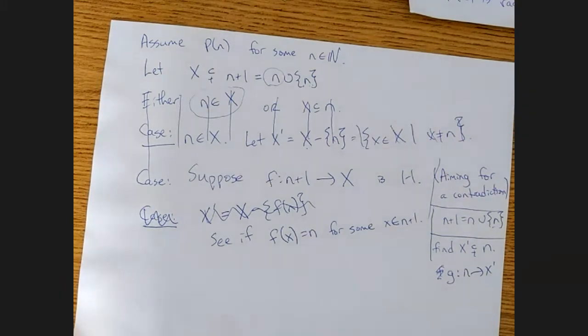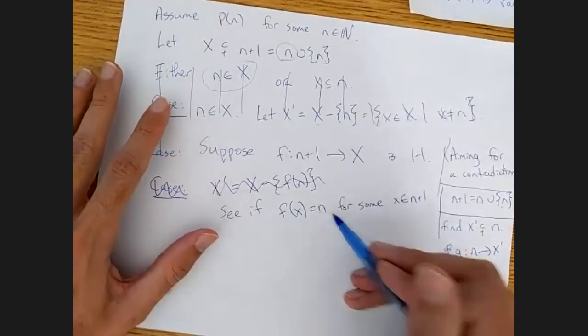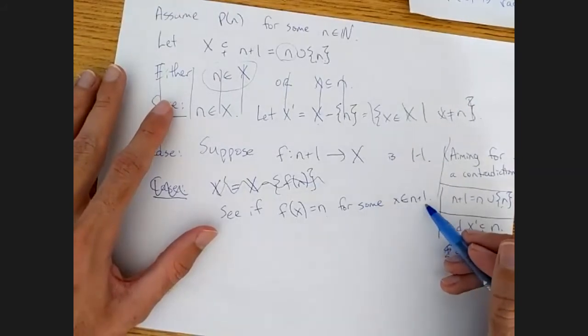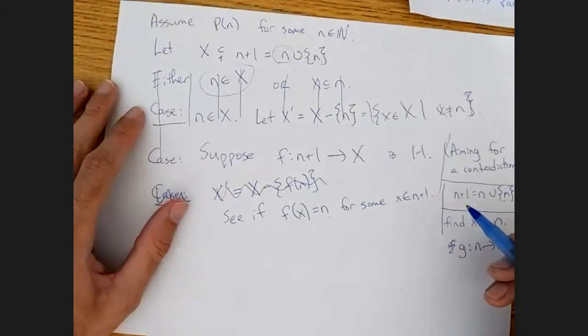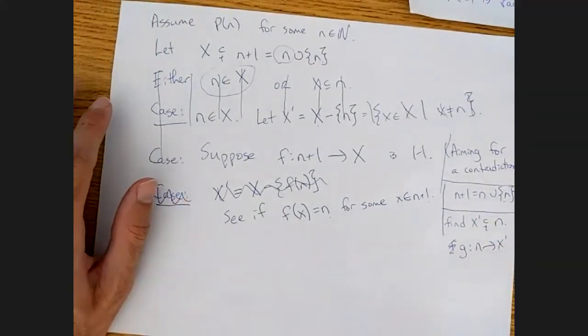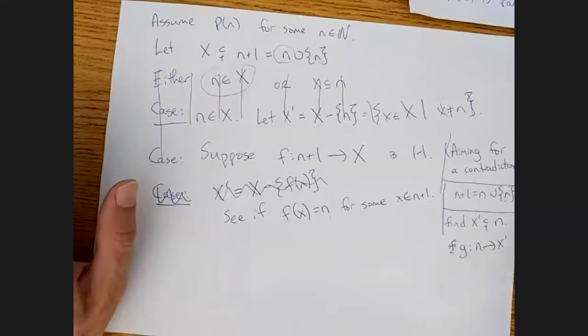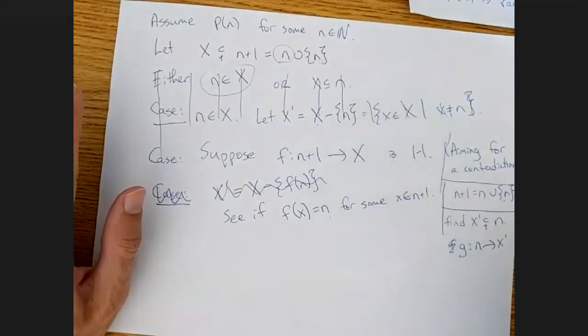But let's just see how it works out. Okay, so if f of x equals n for some x in n plus 1, then what should we do? We should try to fix things so we get a map from n to x.